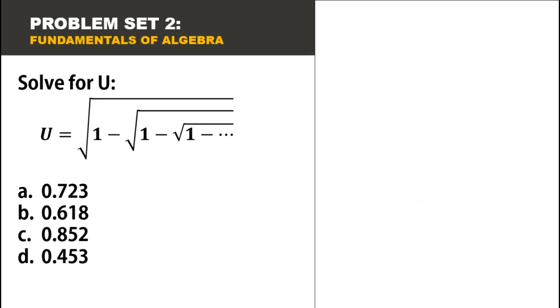Solve for u in the following expression. You have u equals the square root of 1 minus the square root of 1 minus the square root of 1 minus, to infinity. So this is a tricky problem.